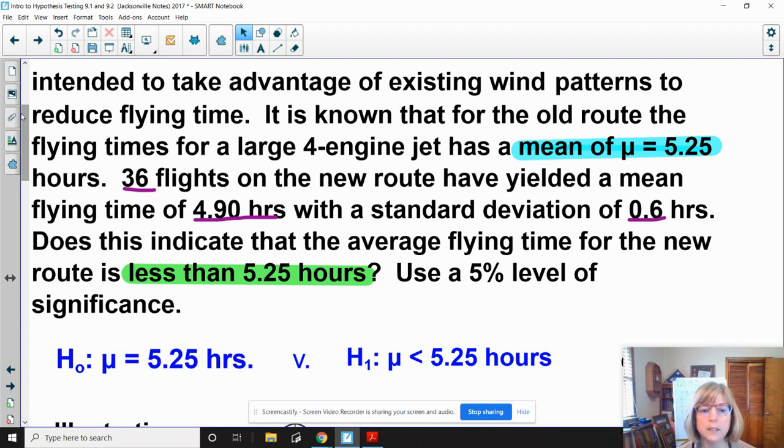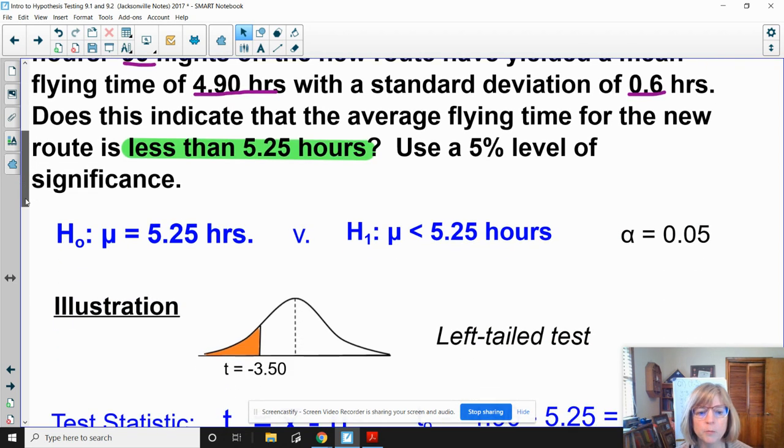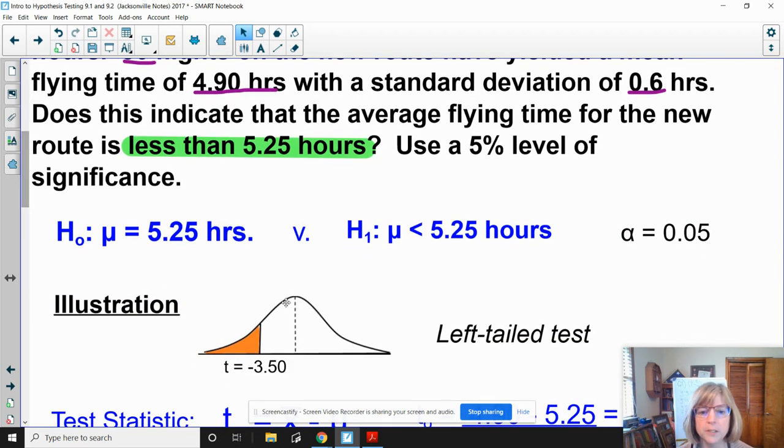Does this indicate that the average flying time for the new route is less than 5.25 hours? That tells us our alternative should say the mean is less than 5.25 hours. So based on that, we know that this is a left-tailed test. If the alternative says less than, it's a left-tailed test.